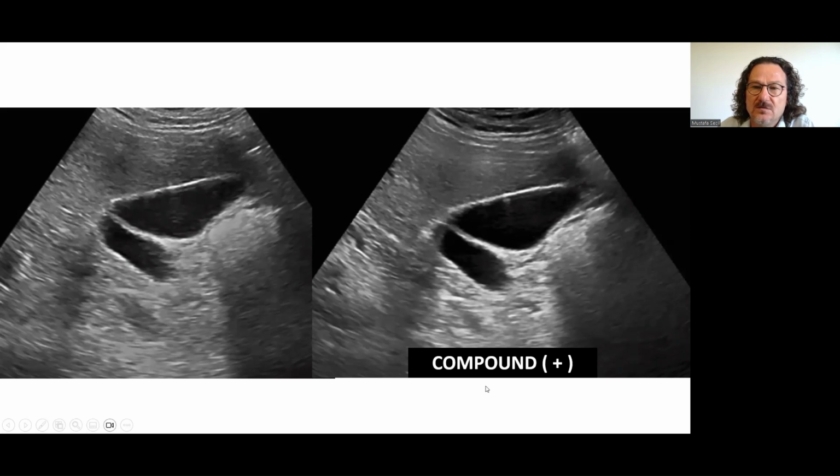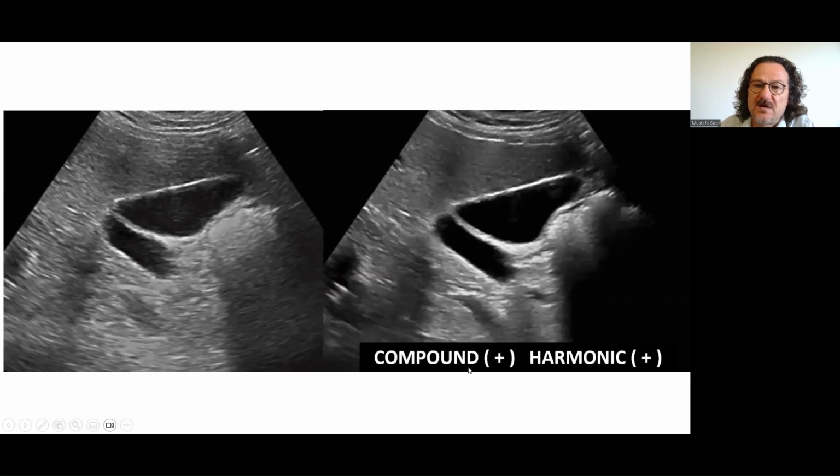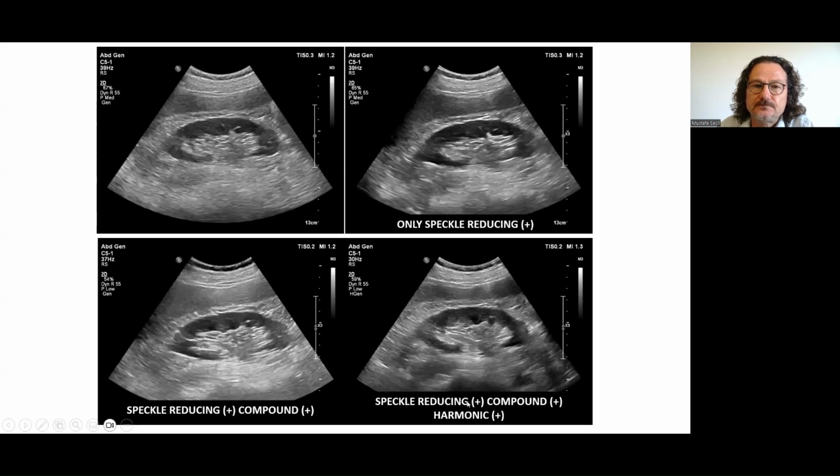When compound is on, you see a better image, some loss of artifacts, but reverberation is still here. When compound and harmonic both are on, you see the side lobe artifacts are eliminated, reverberation artifacts are eliminated.